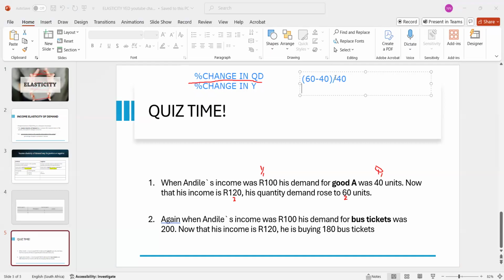The income was 100 Rand, it increased to 120. So Y2 is 120 minus Y1 which was 100 Rand, divided by Y1, which is 100 Rand. Now you just punch in your calculator: 60 minus 40 divided by 40, divided by 120 minus 100 divided by 100.